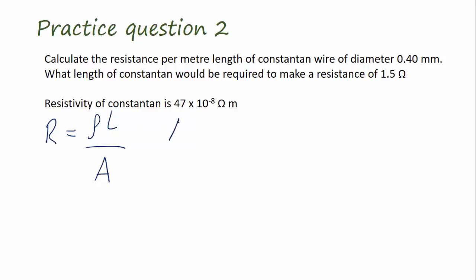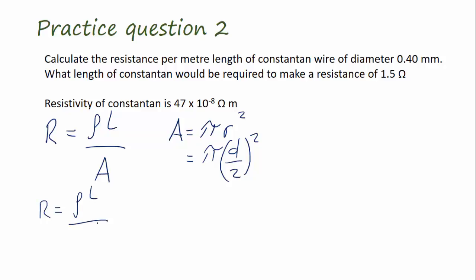So I know that the area is equal to pi r squared, but the radius is half the diameter, so that's going to be half of the diameter all squared. If I substitute that into my first equation, that tells me that R is equal to rho times 1 over pi d over 2 all squared.